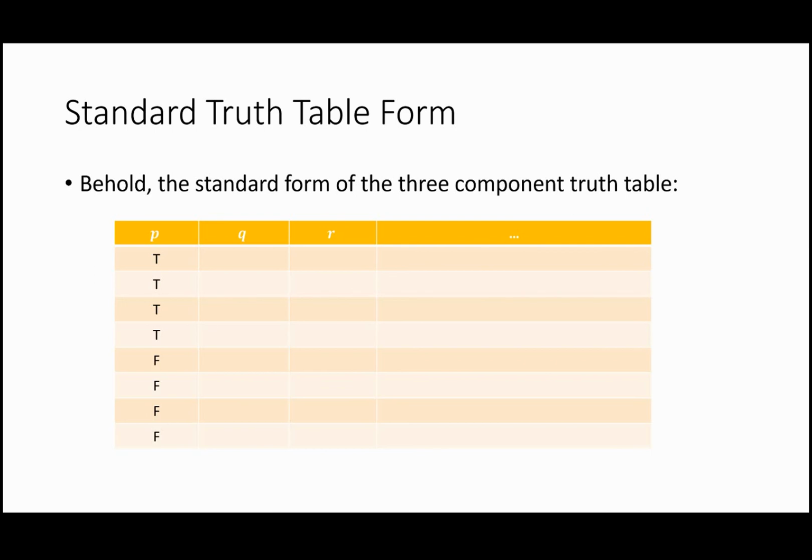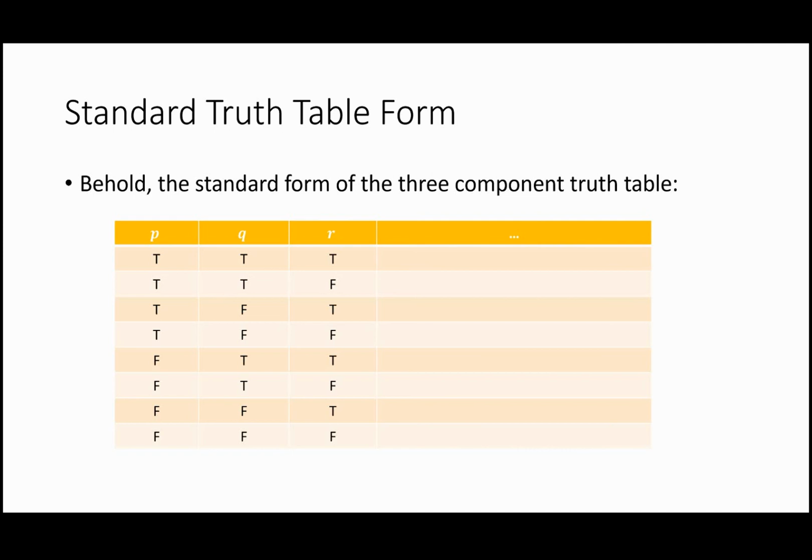Big chunk of T's on top, big chunk of F's down below is one way that I like to think about it. Now, for Q, the next column, it's got to be T, T, F, F, T, T, F, F. And you probably can surmise from context clues how R is going to go down as its truth value combination. It's going to alternate TF, TF, TF, TF.